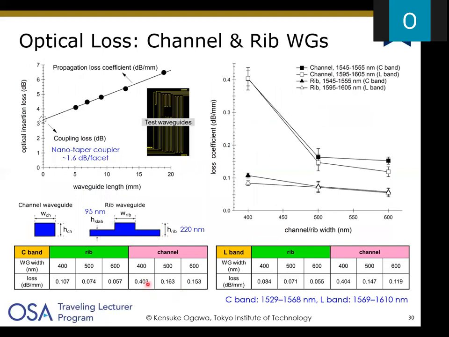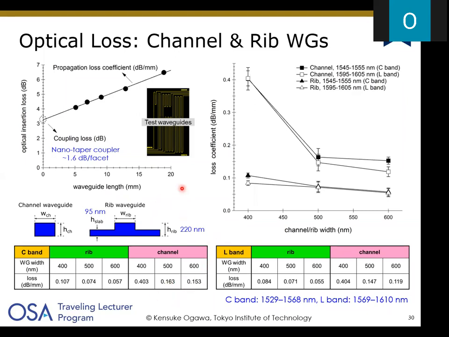So in the characteristics, first of all, I show some optical loss characteristics, because optical loss is a very crucial, very important metric to characterize optical devices based on the silicon platform.